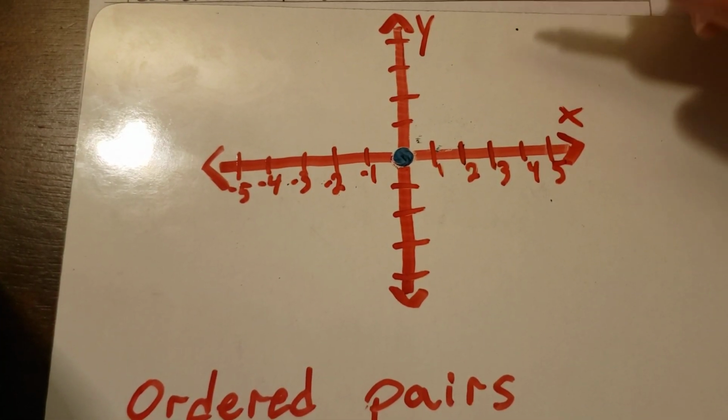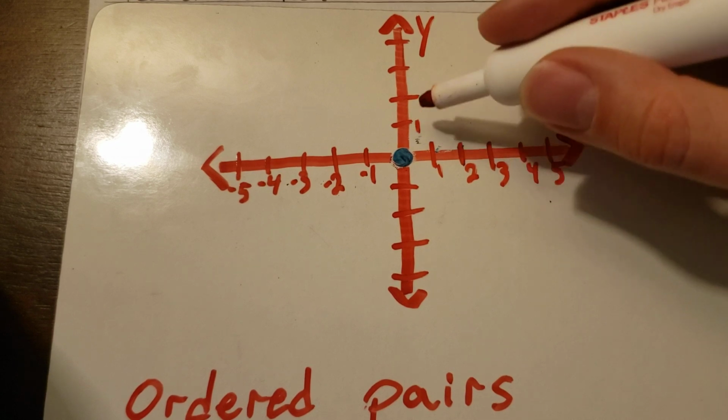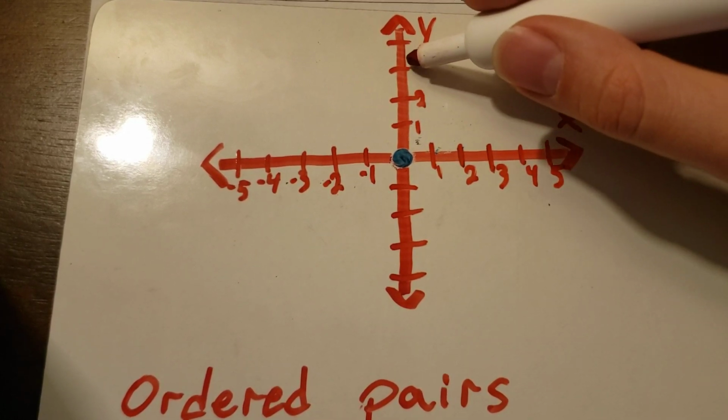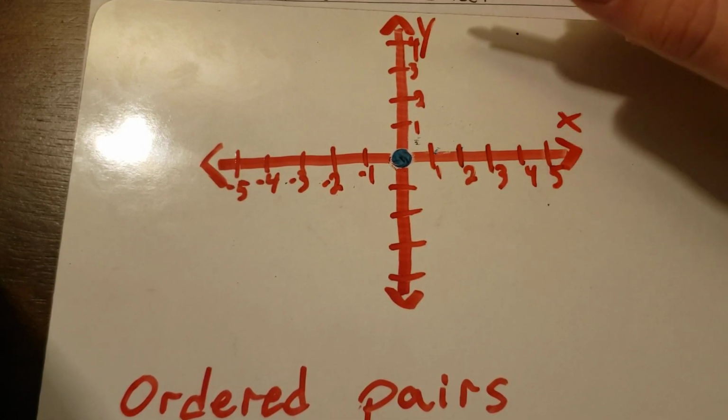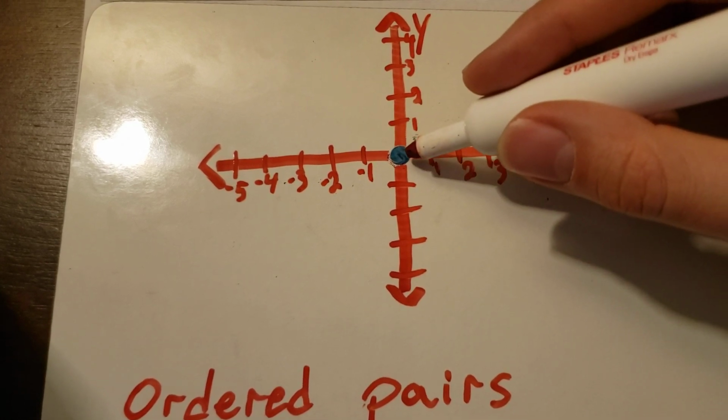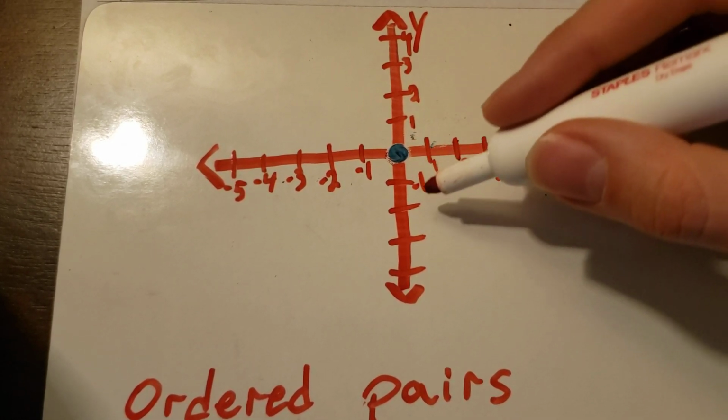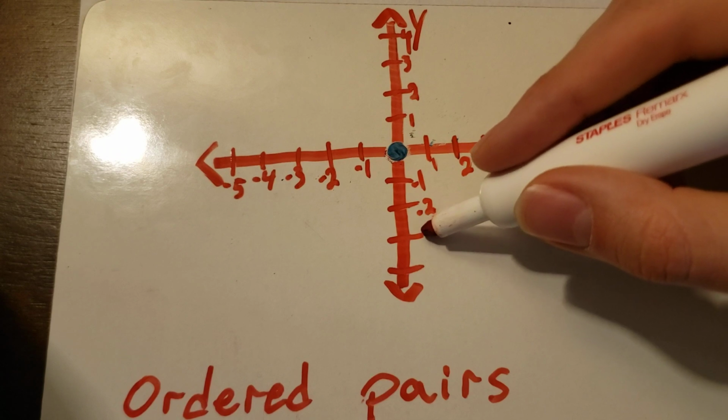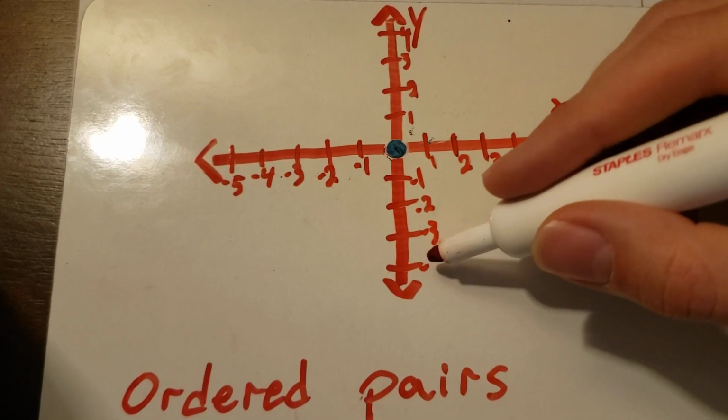And it's going to be very similar going vertically. 1, 2, 3, 4. And from 0, it's -1, -2, -3, and -4.